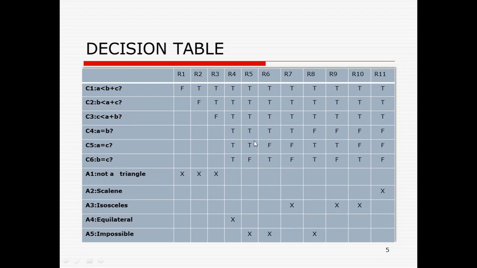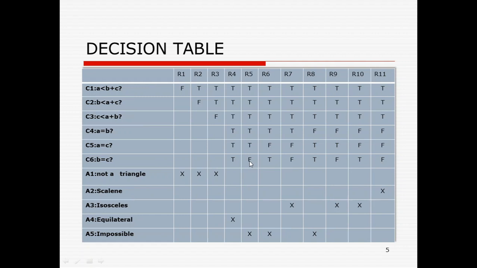Since we have already checked the false cases of the first three conditions, in every rule from now on the first three conditions are true. In the fifth rule, A equal to B and A equal to C are true, and B equal to C is false.